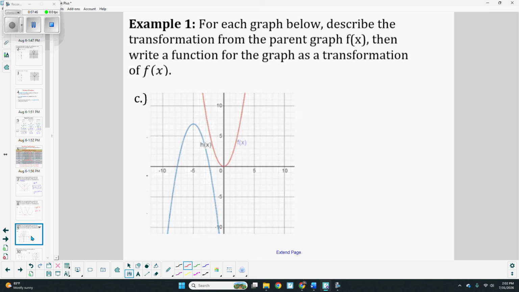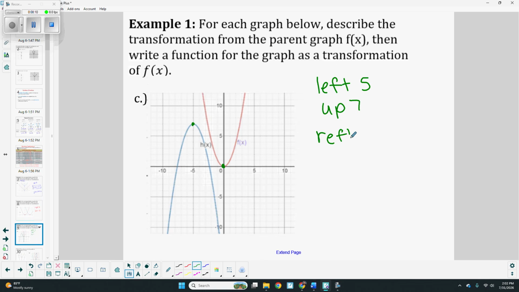All right, for one more, this did a few things. We went from here to here. So there's left 5, that's one thing that happened. It went up 7, and it flipped over the x-axis.